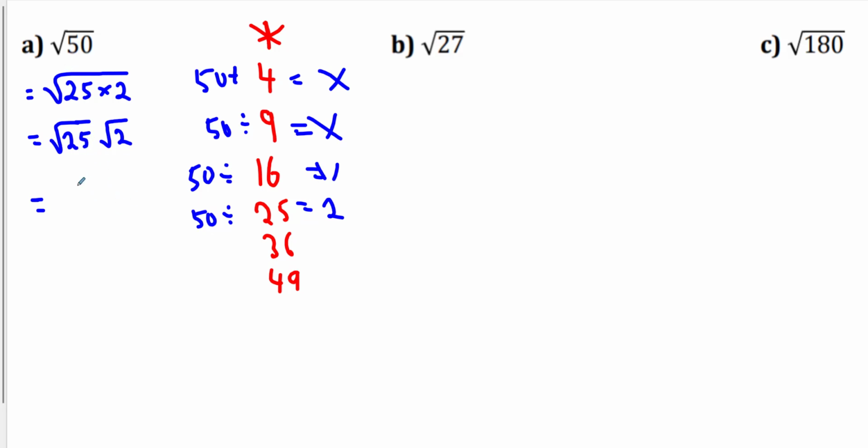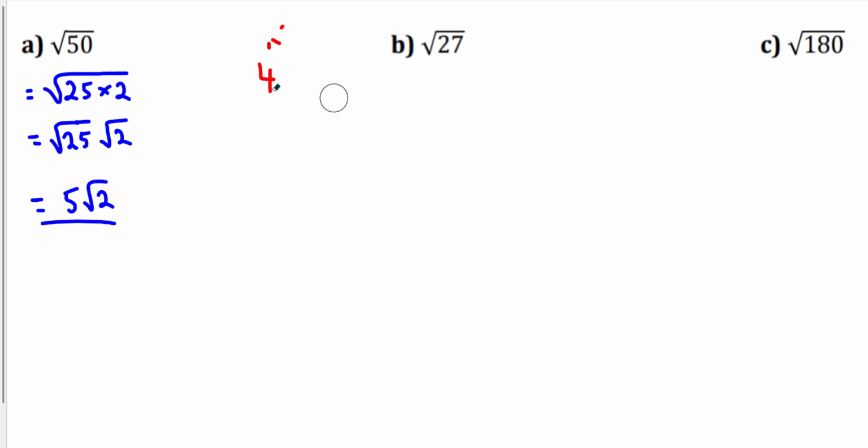And the square root 25, well, if you don't know, you can use the calculator. Square root 25 is a perfect square, meaning square root 25 is going to be the whole number 5. And this whole thing becomes 5 root 2, and that is the final answer. That is as simplified as possible. And that is what it means to simplify radicals.